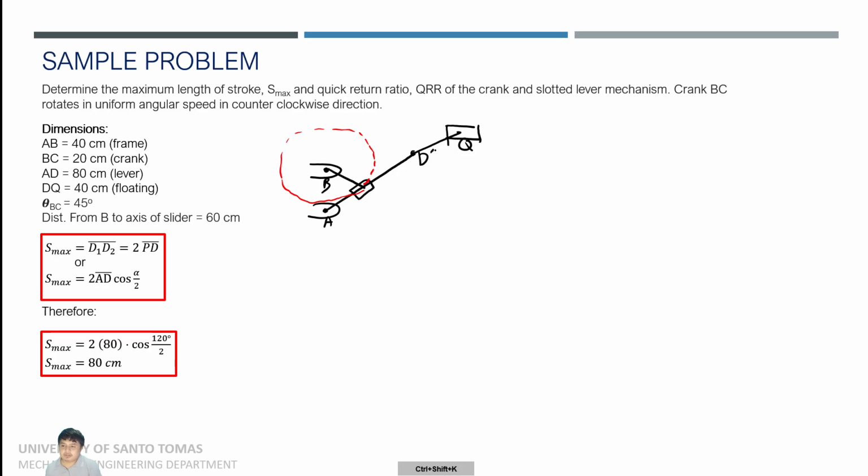So you have P double prime and Q double prime, and then the other extreme position is this one.